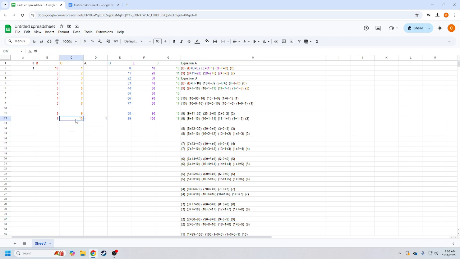This is how the values go, B to C. B is your starting number, C is your answer each time in either equation A or B. If you do 9, you get 2. If you do 8, you get 3. If you do 3, you get 8. If you do 2, you get 9.